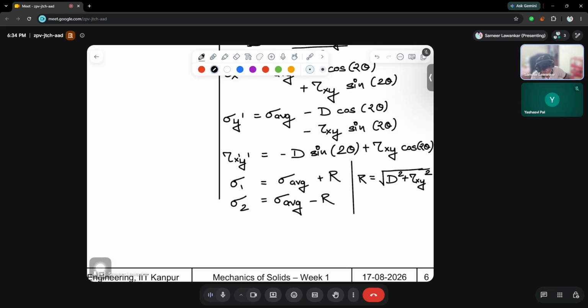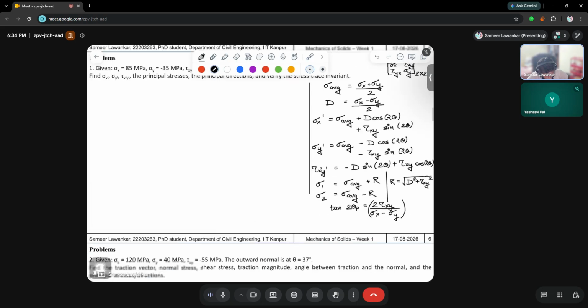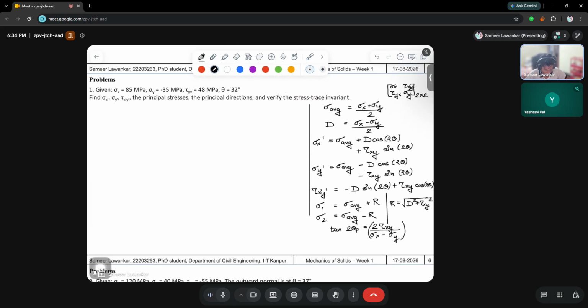Fine. And to know the angle of orientation of this, tan 2 theta p is basically 2 tau xy upon sigma x minus sigma y. Okay, so we will be majorly using all these formulas in our complete lecture today, which are based upon orientation of stresses in a particular direction.